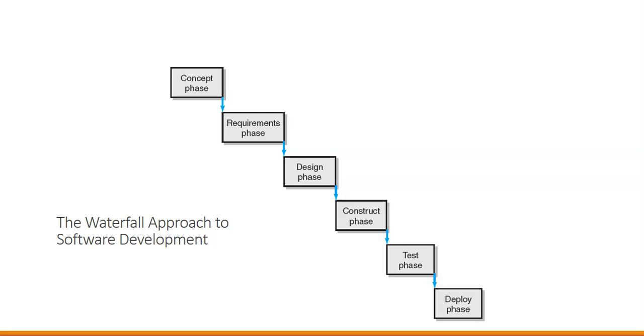This method had a series of phases where progress would flow from one step to the other. Because software projects involve a lot of different customers and a lot of different needs, and sometimes a lot of these needs change during the project, there were a lot of issues with software project management meeting target goals and financial goals for project development.